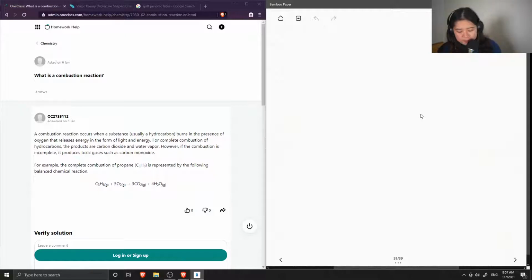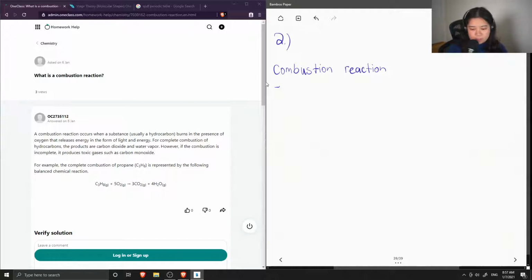Okay, so step 2. Step 2, what is a combustion reaction? Okay, so I'll write down a brief definition of what a combustion reaction is. A combustion reaction is when a substance burns in the presence of oxygen.